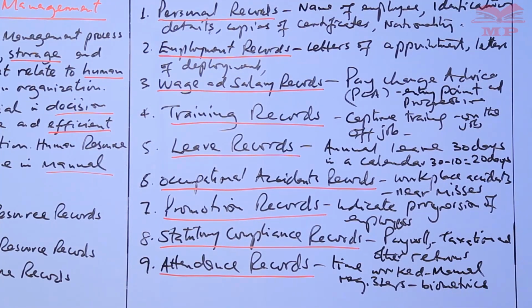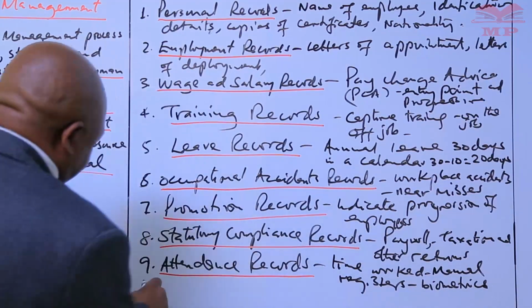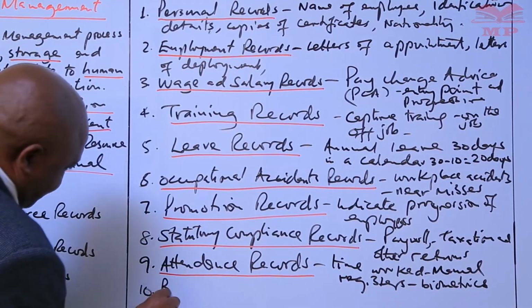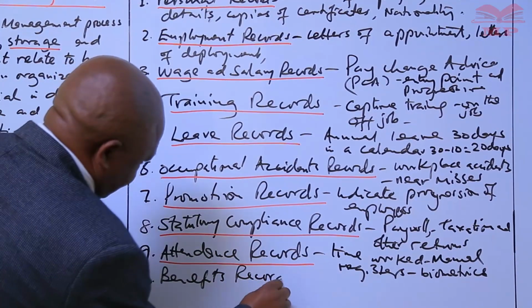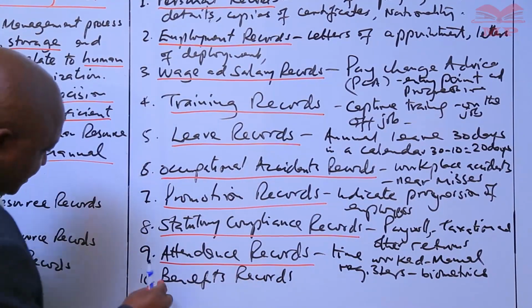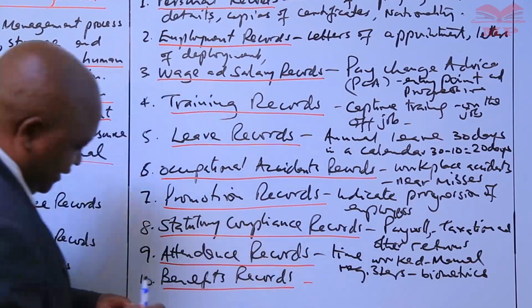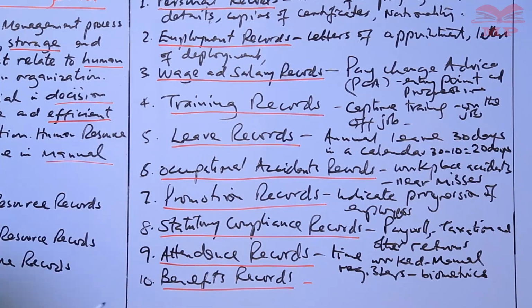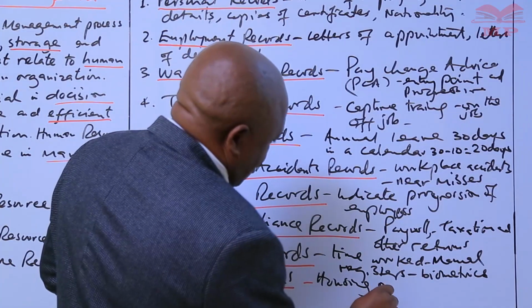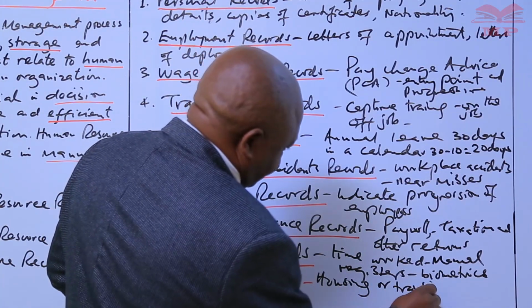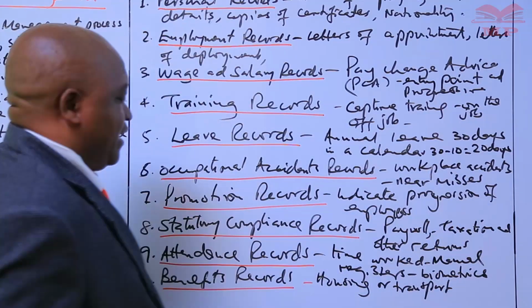You may also have a benefits register, or records. Now, what you notice, dear learner, is that some organizations may, for example, provide housing or transport for employees.